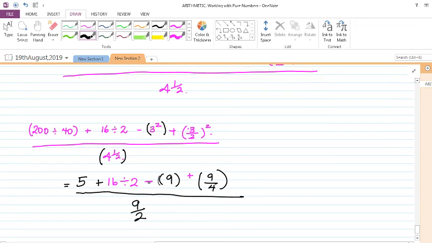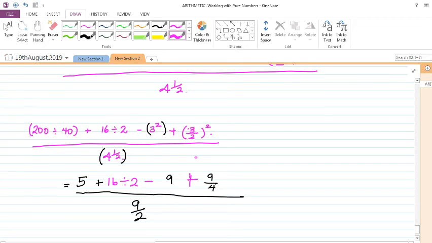So all my brackets really have been removed. All of that is divided by 4.5.